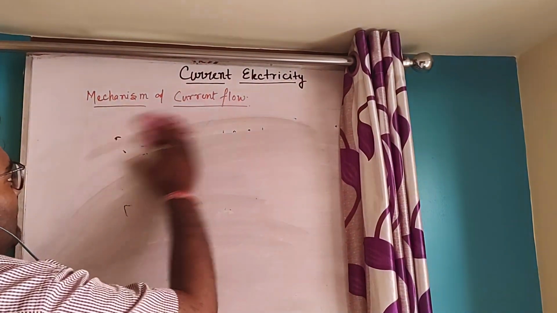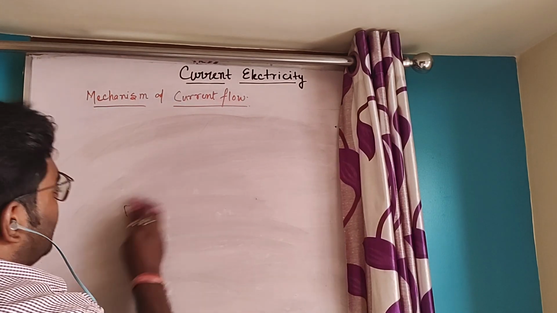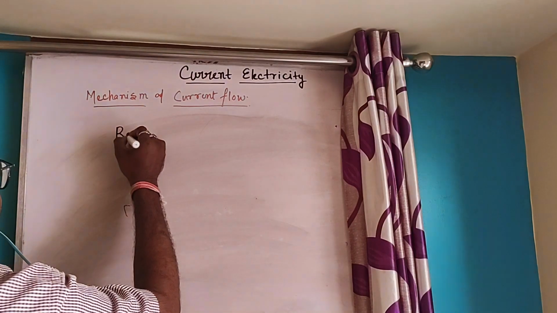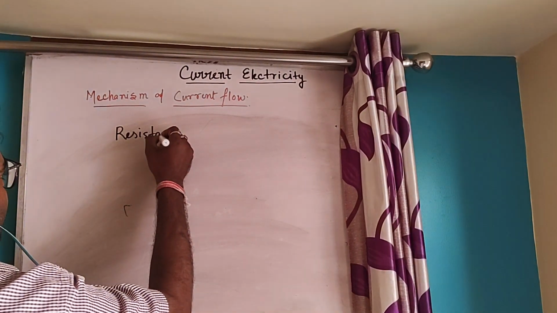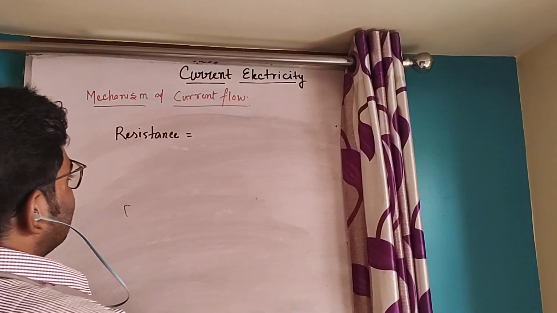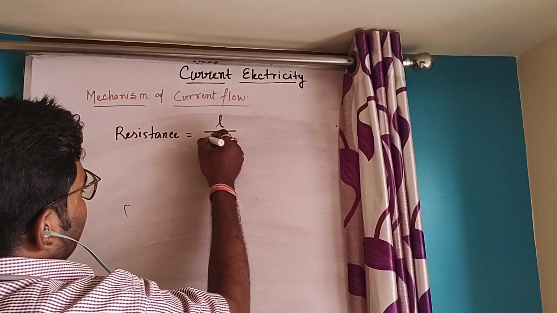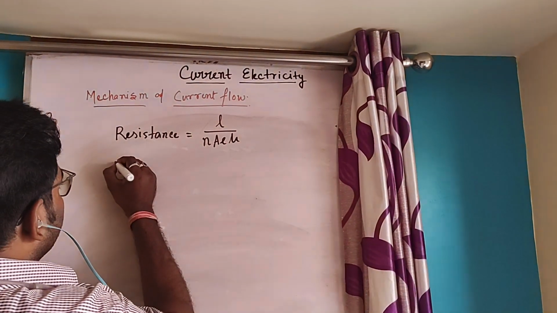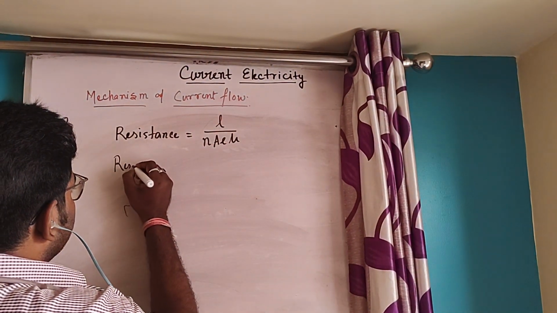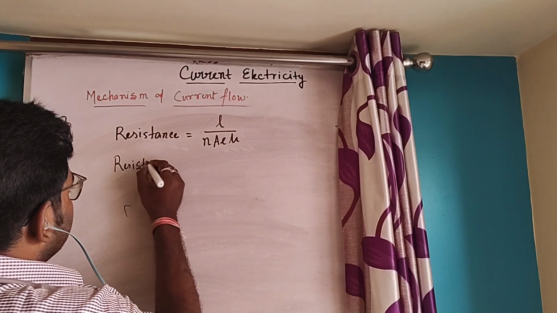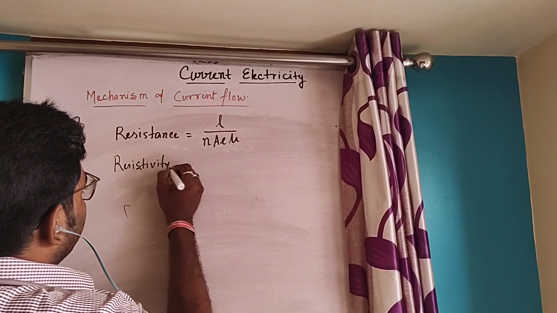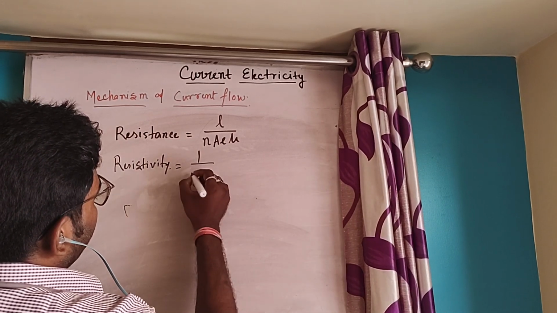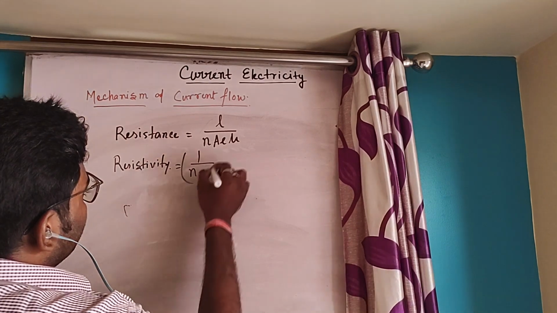So what is the resistance we have got? Resistance is L by N A E into mu. Resistivity or specific resistance equals 1 by N E into mu.